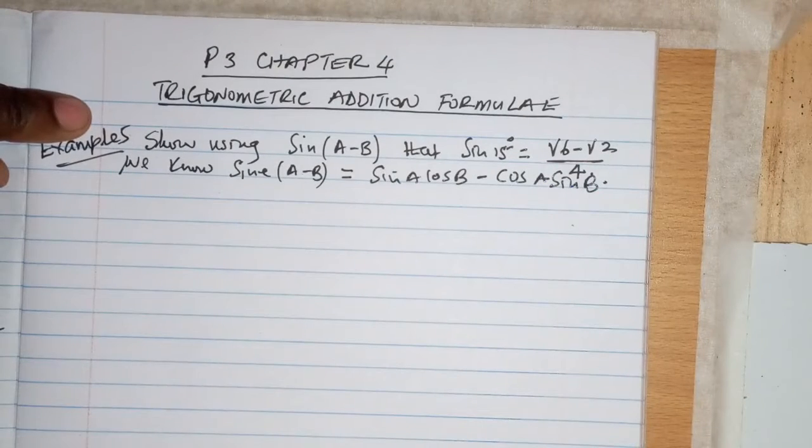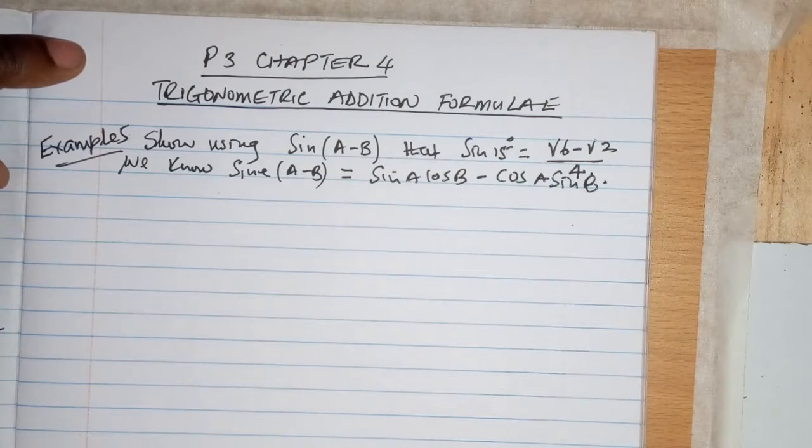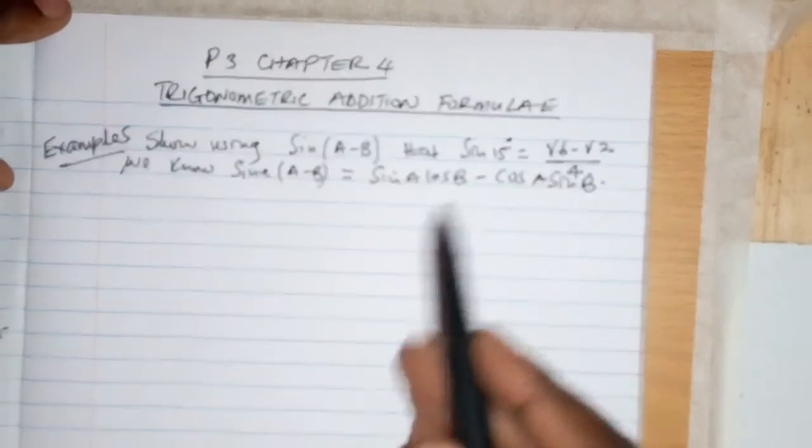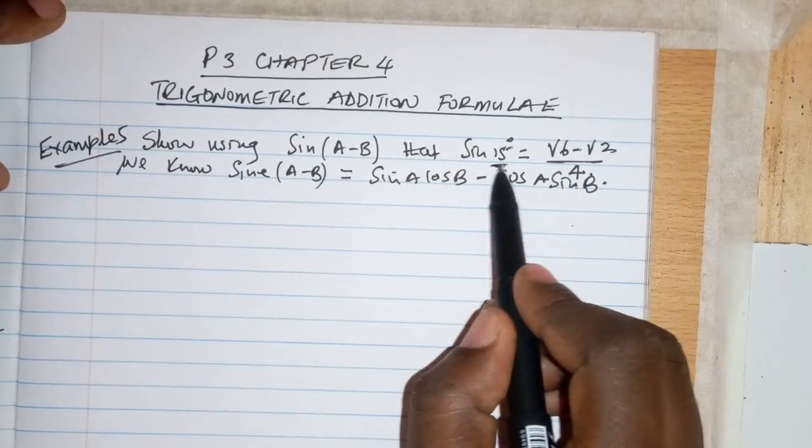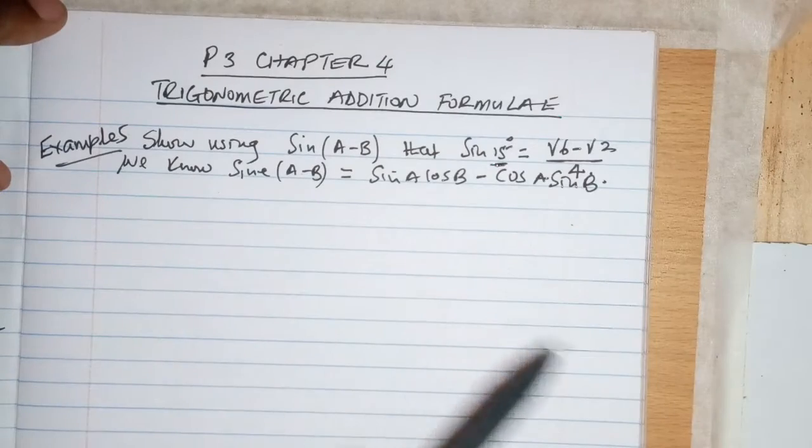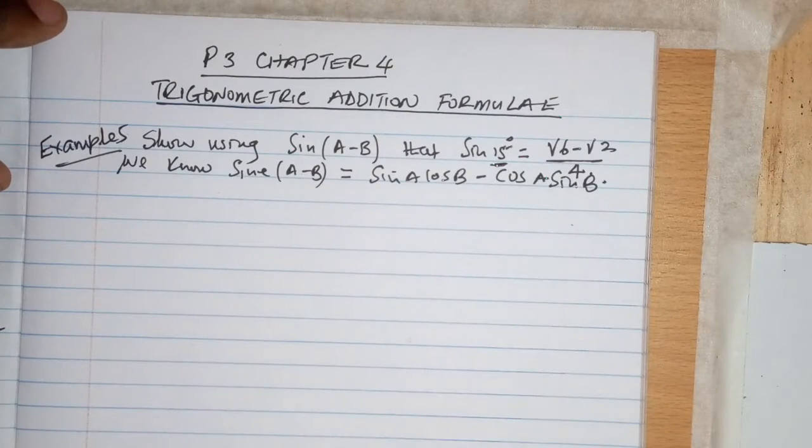That we know. But because we are talking about exact, we need to ask ourselves, how do we get sine 15? We are supposed to get sine 15 from a difference of two angles.